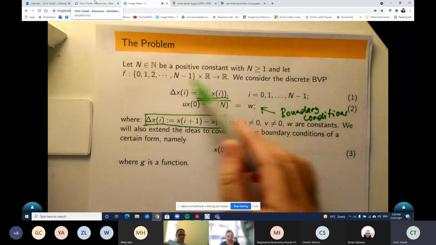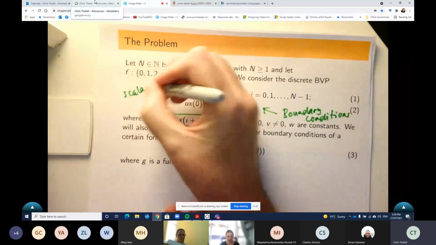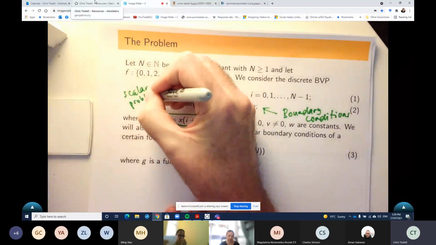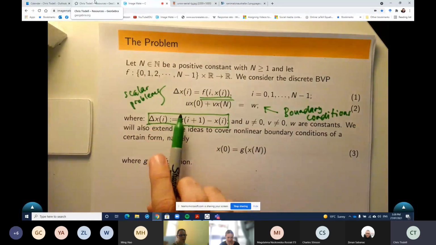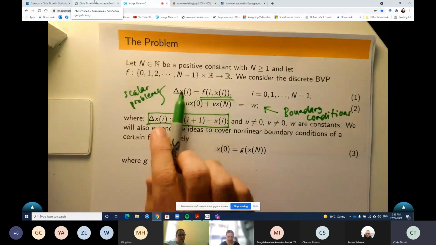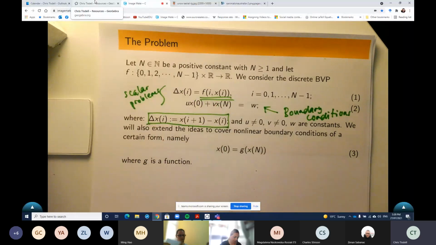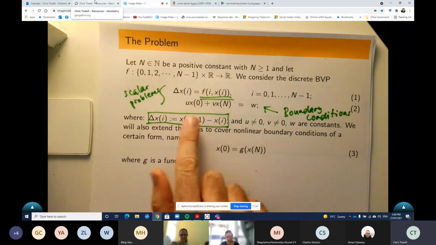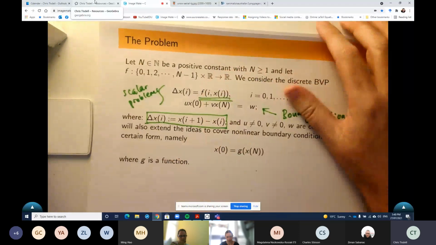These are all scalar problems. I'm keeping it as simple as possible, but you could have matrices here, and this could be a system of equations and all sorts of stuff. So you've got a difference equation, some boundary conditions, and later on I'll talk about maybe some nonlinear boundary conditions if I have time. So that's the problem.